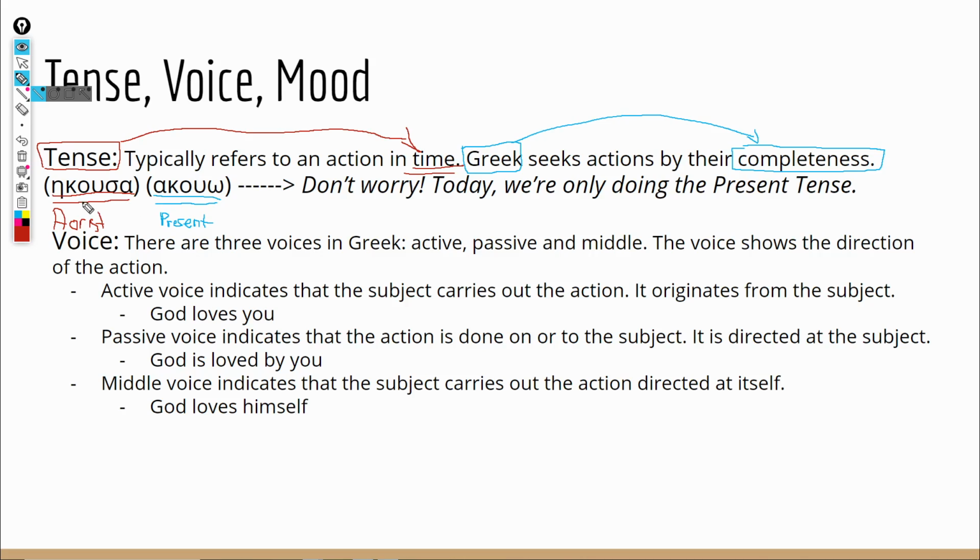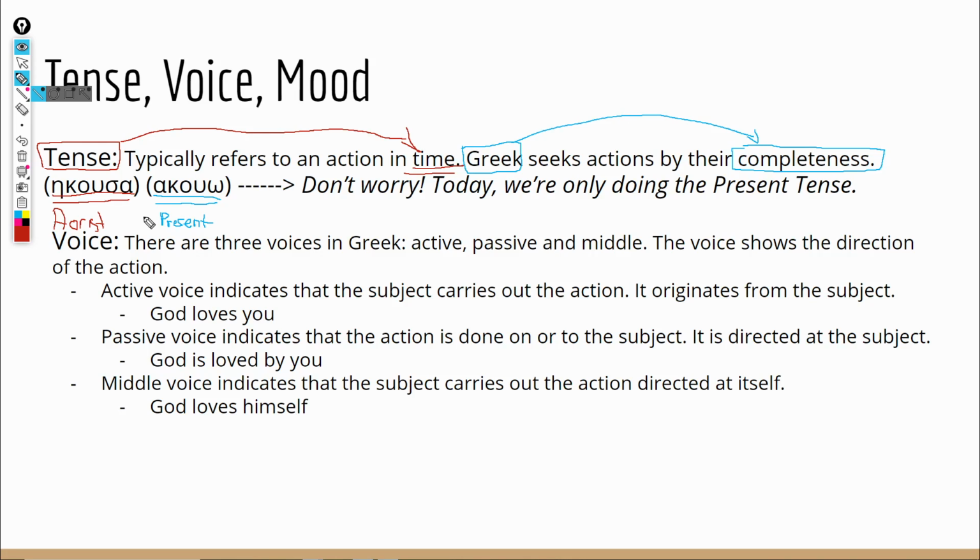So, anyways, as I was saying, this is just how Koine differentiates between verbs, not through time, but through completeness. So again, Jesus might say the word akuo, and you know that he's talking about his process of hearing something is ongoing, right?